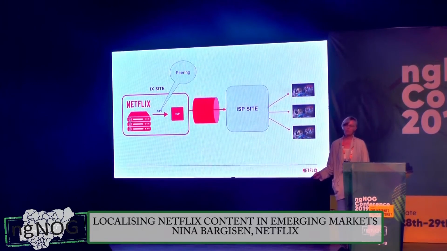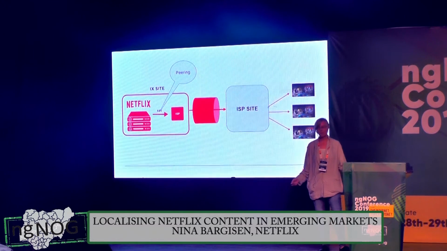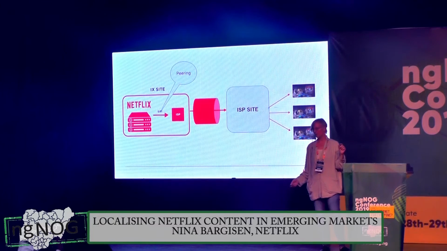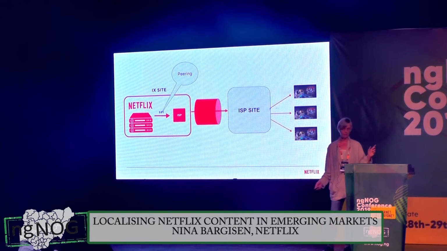So, when we have a Netflix point of presence, how can you connect to Netflix? Well, we have an IX site, and at that IX site we can connect directly or use an internet exchange, but the way we always connect is using a peering connection.